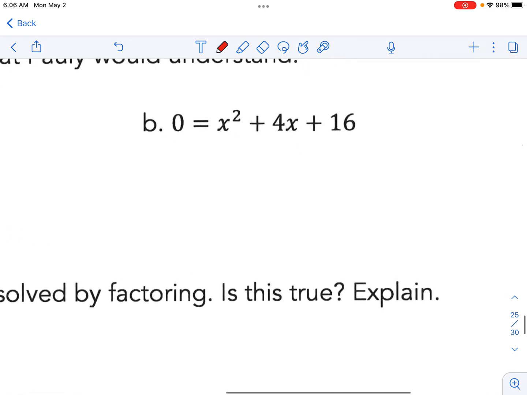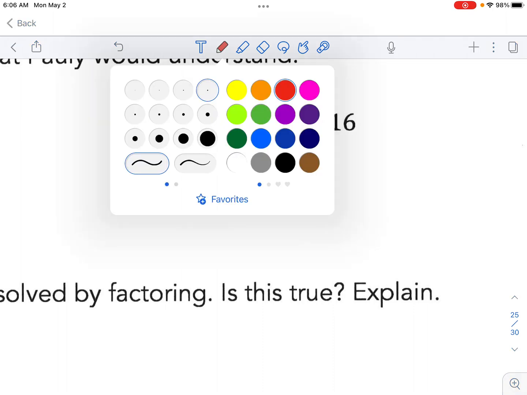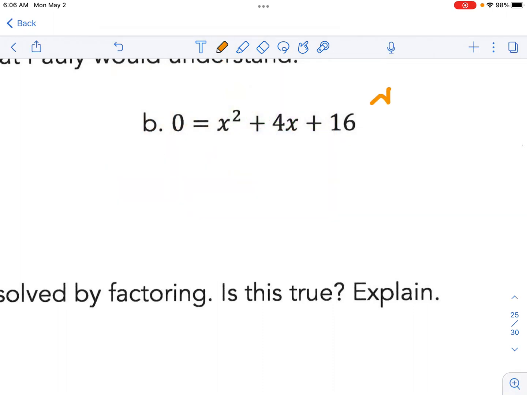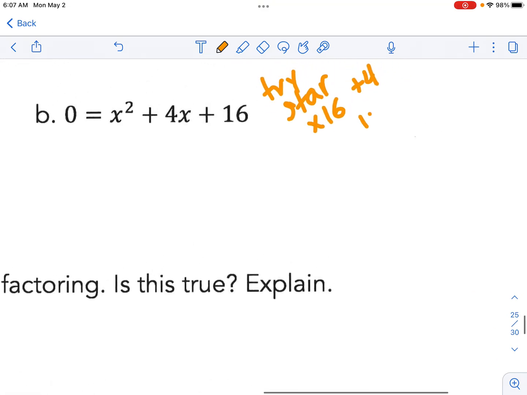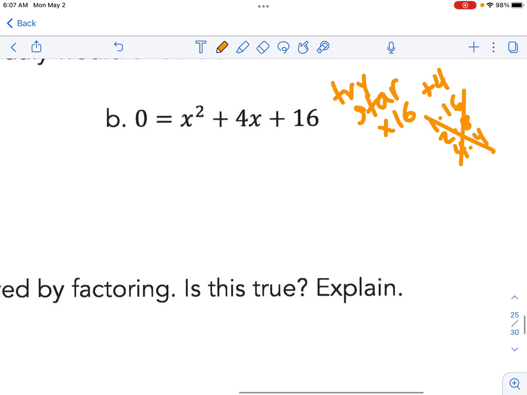In this quadratic, we noticed that if we would try a star method, it wouldn't work. There's nothing that multiplies to 16 and adds to 4, if you think about it, right? If we look at 1 and 16, 2 and 8, and 4 and 4, none of those work.